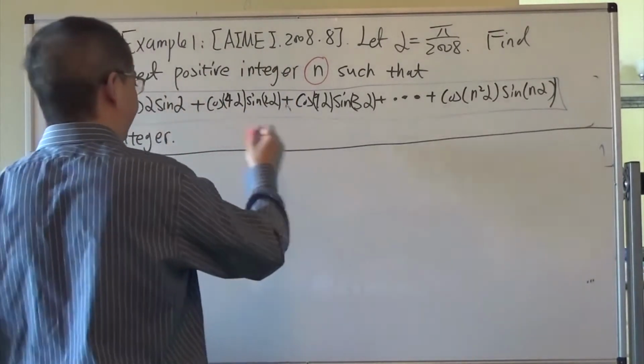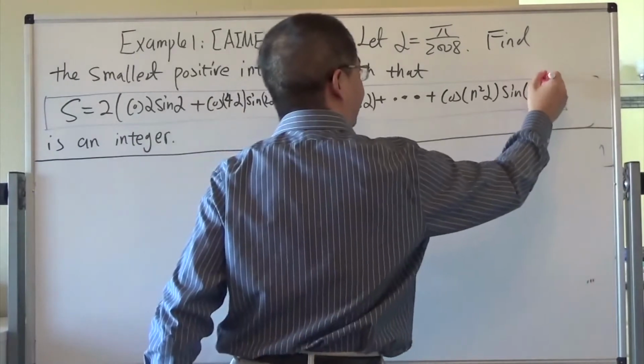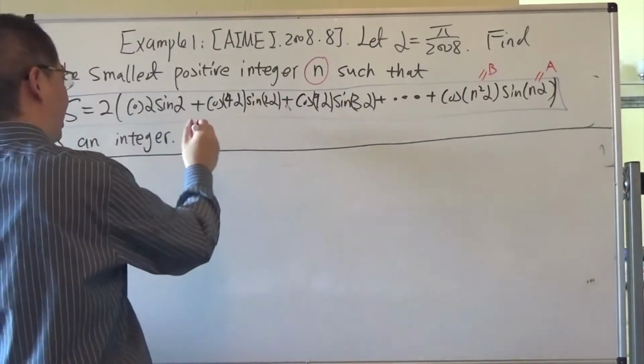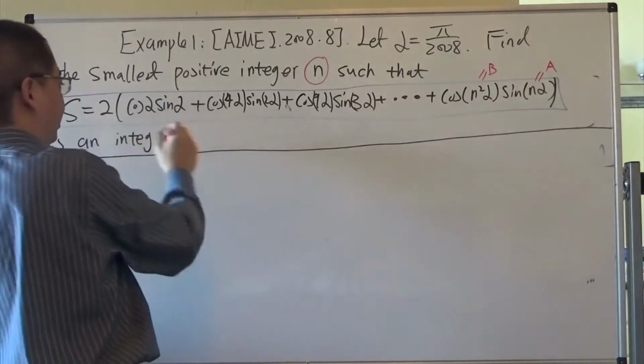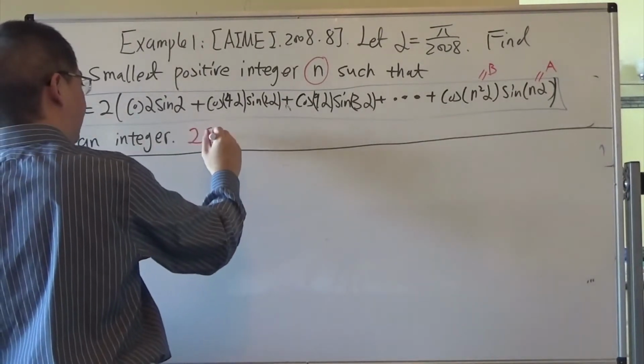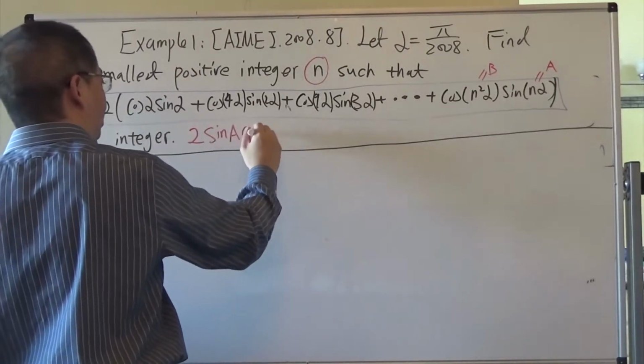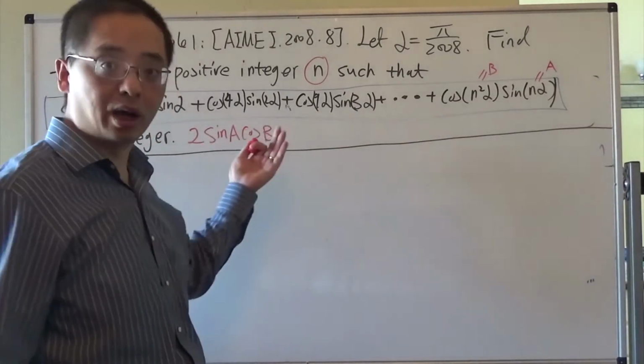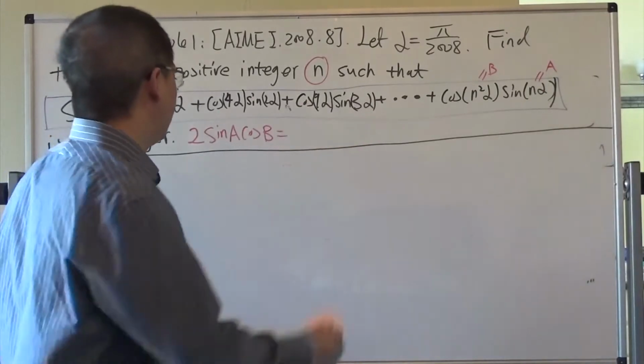Specifically, if I take this to be angle A and this to be angle B, we can think of twice sine A times cosine B, because I have a twice here. Let's recall, this is one of those product-to-sum formulas.